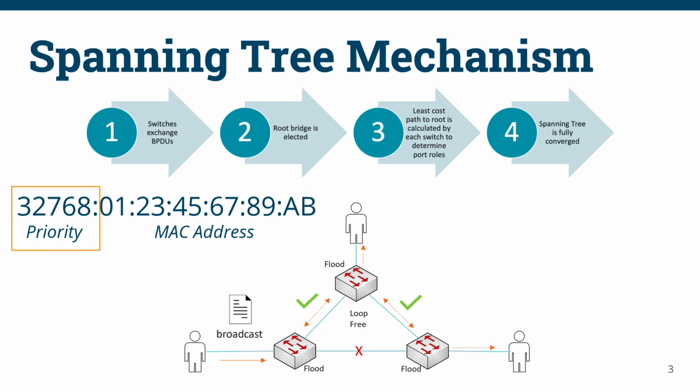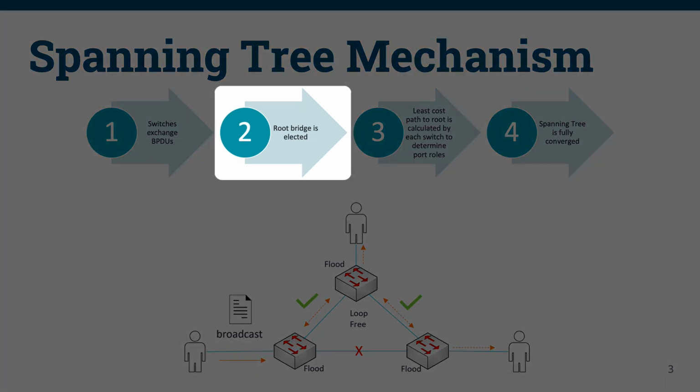Once a superior or lower bridge ID is received, then the switch will believe that the superior BID is the root and will begin transmitting BPDUs with that superior BID instead. Once all switches agree on which bridge is the root, or which BID is the most superior BID, the root bridge is then said to have been elected.